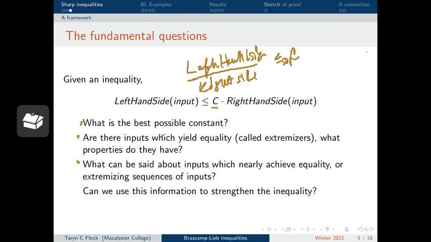That is one direction that this is taken. Here in this talk, we're going to look at a different version where we use the understanding of the optimal cases for a linear inequality to prove a nonlinear variation on that inequality.